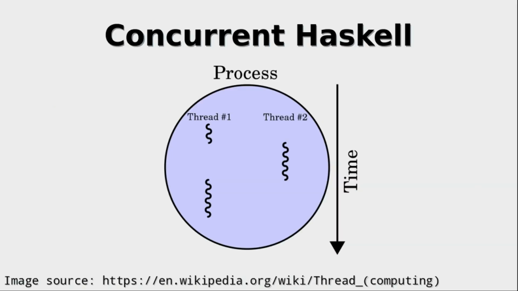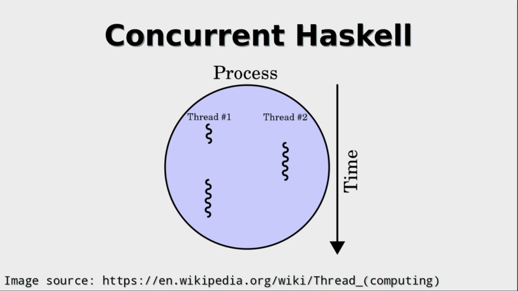In Concurrent Haskell, the process still looks like this blue ball, where we have multiple threads in it. Now, in a normal program written in C, for example, the threads you would create are kernel threads, meaning that those threads are scheduled by the operating system. In this case, this is not true.